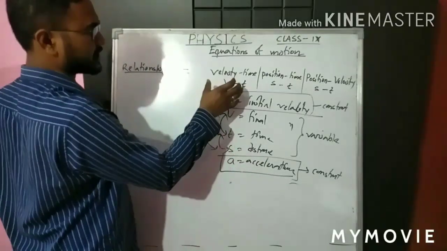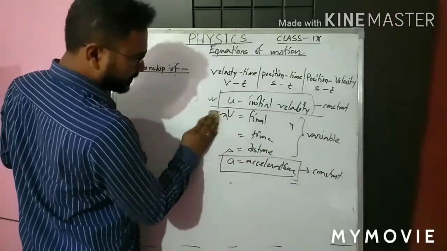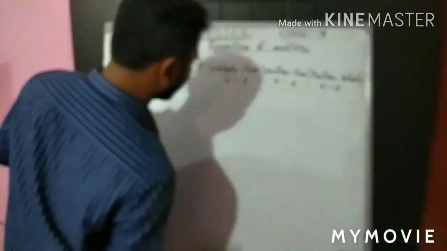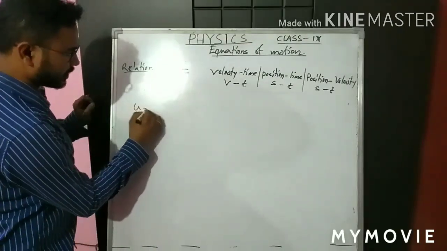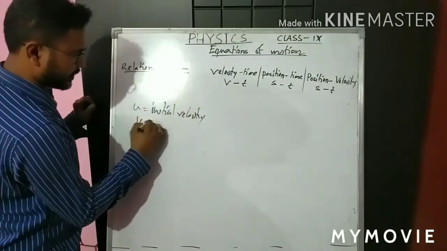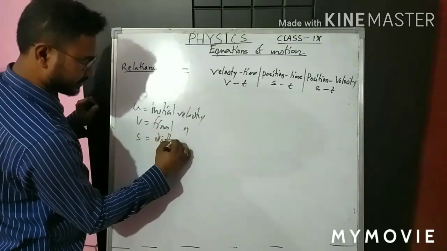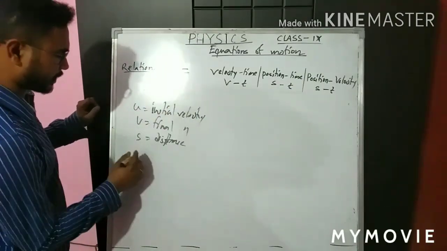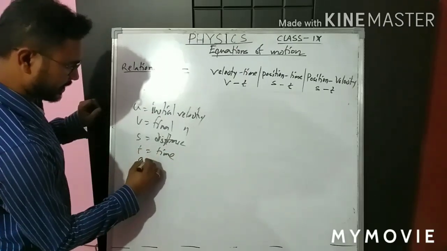So now let's go for the first relationship we are going to find out, that is the velocity time relationship, right? I am not rubbing these things. Suppose these parts will be constant for each and every derivation, so please note it down. In this derivation these terms will be fixed: u is initial velocity, v is final velocity, s will be distance or displacement, as we are considering the motion in a straight line, so distance will be equal to displacement for that particular explanation, t is time, and a is acceleration.